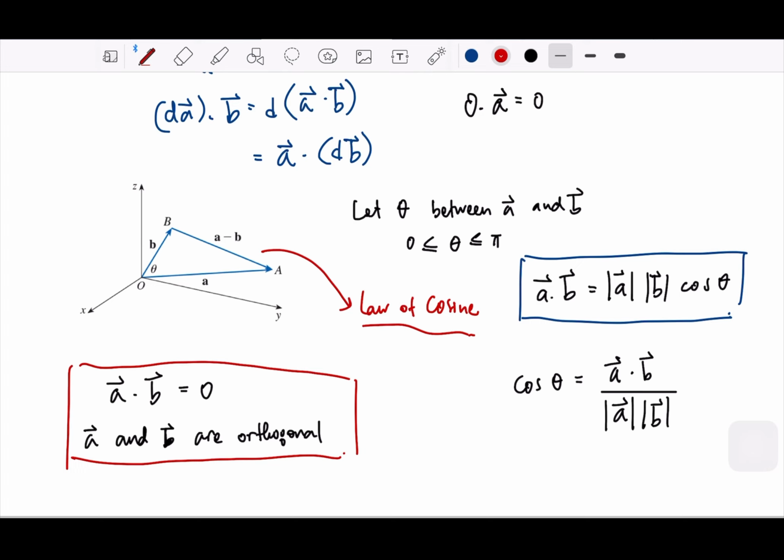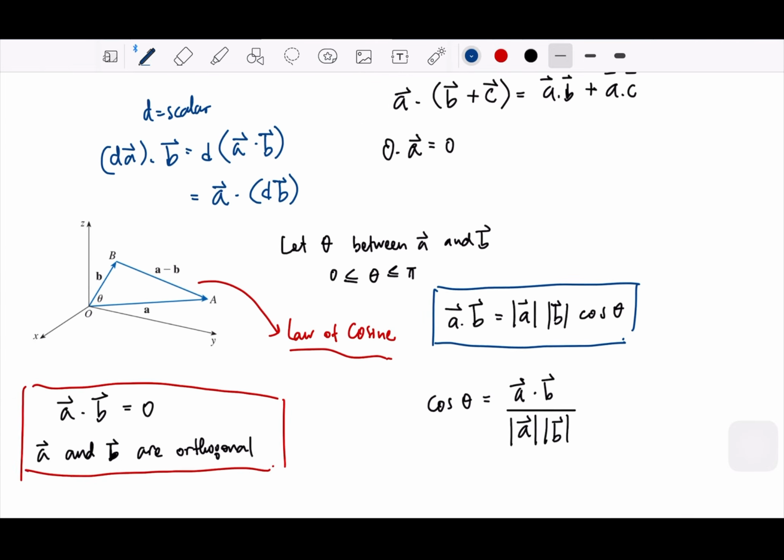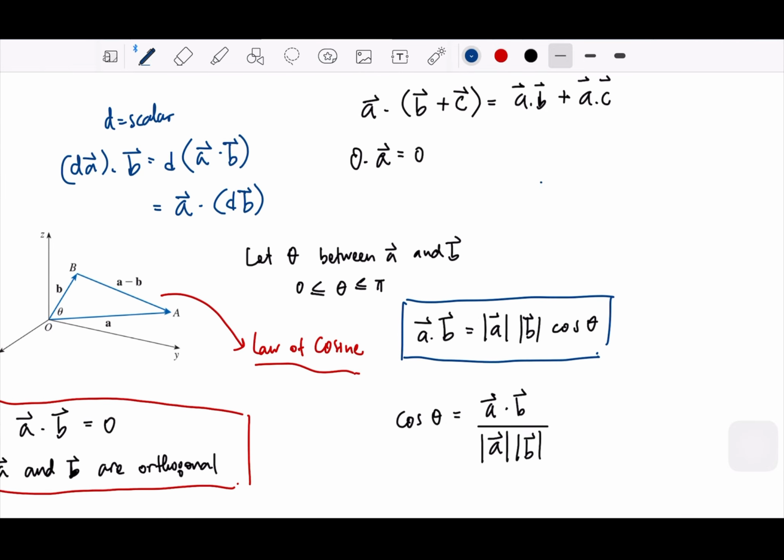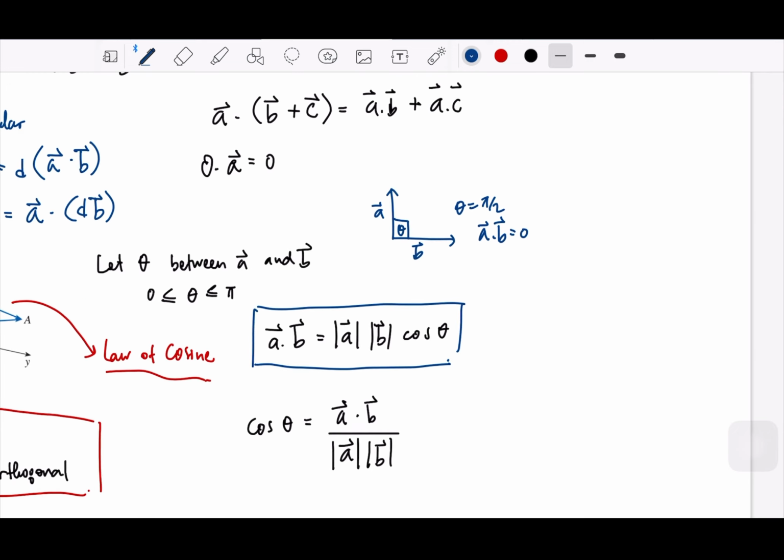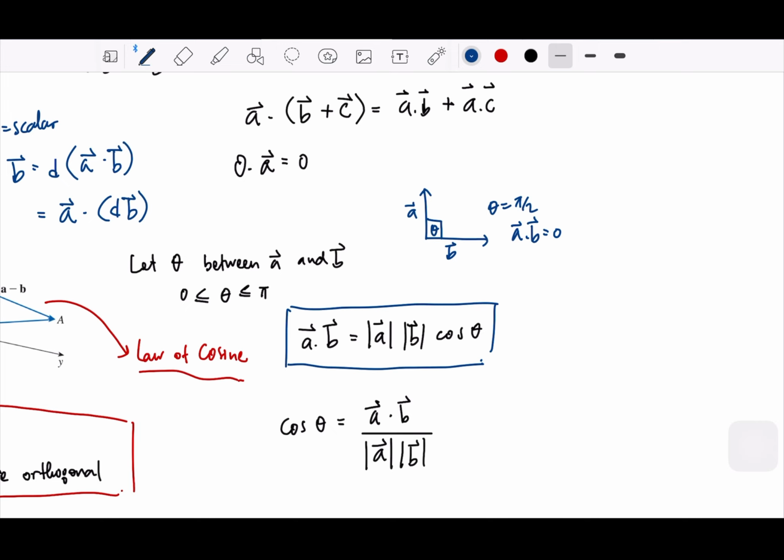And I think from the angle we can also describe, for example, this A and B and theta here, if theta is pi over 2, then A dot B is 0, right? So what if we have theta as an acute angle?